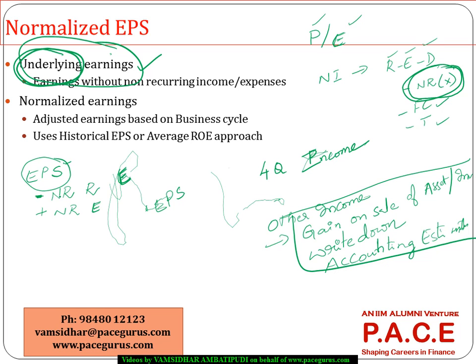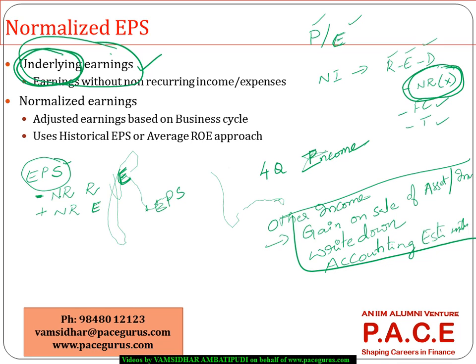The first step before we jump forward to find out the P/E ratio is to normalize the EPS, and in that normalization process, the first step is to find out the underlying earnings by adjusting the EPS with the non-recurring revenues and expenses part.